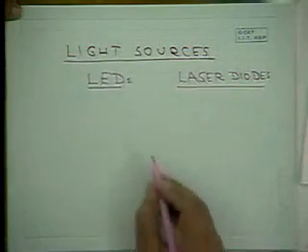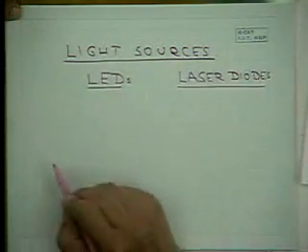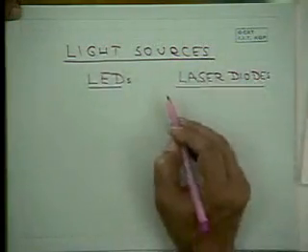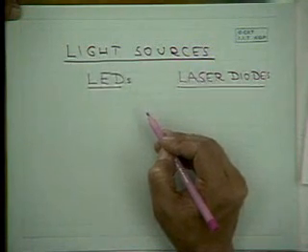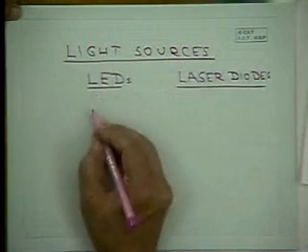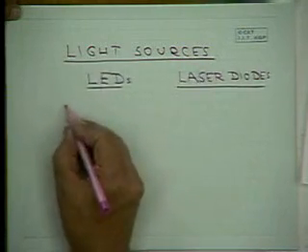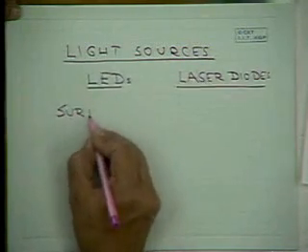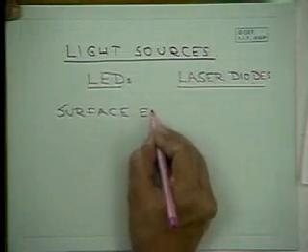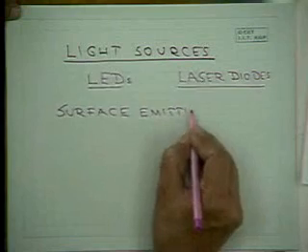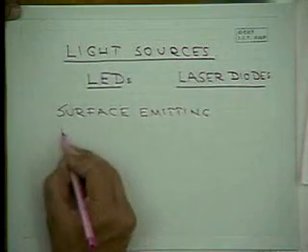We will discuss the broad principles of LEDs and laser diodes, the different types of LEDs and laser diodes. They are generally of two types. They can be surface emitting or edge emitting.